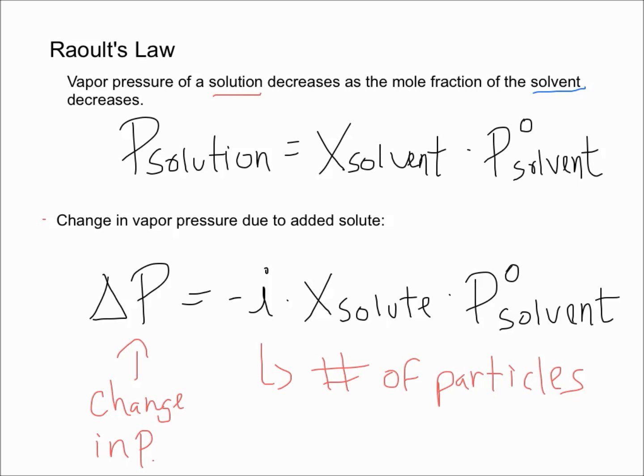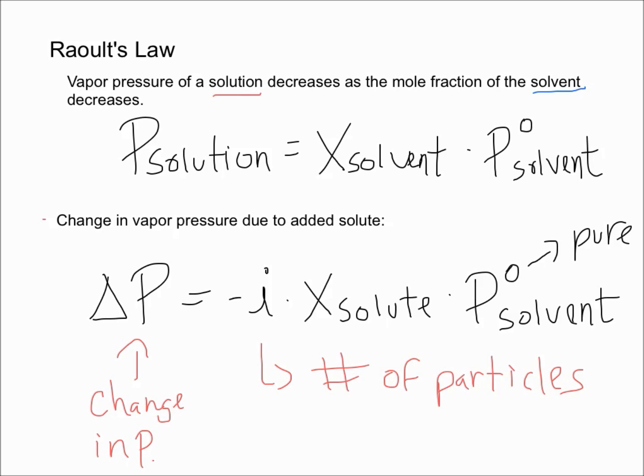Instead of being the mole fraction of the solvent, it is the mole fraction of the solute, and the vapor pressure of the solvent stays the same. Remember, this circle here represents that the solvent is pure. And well, that is the formula.